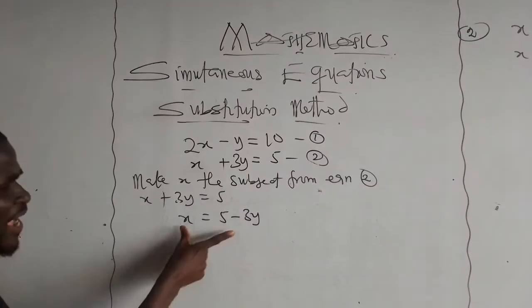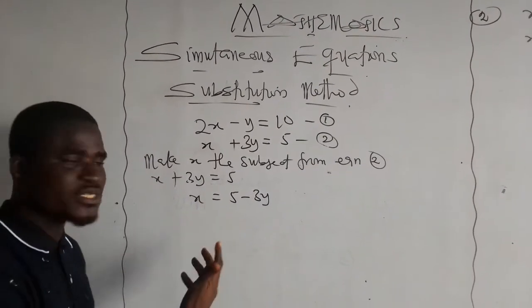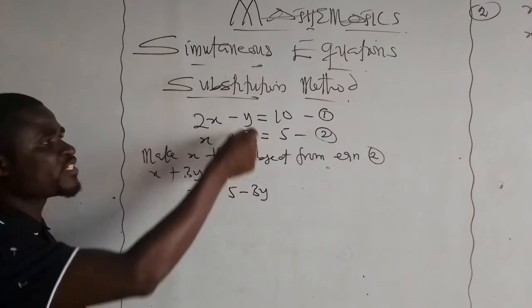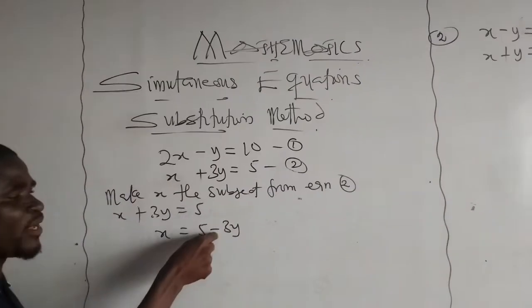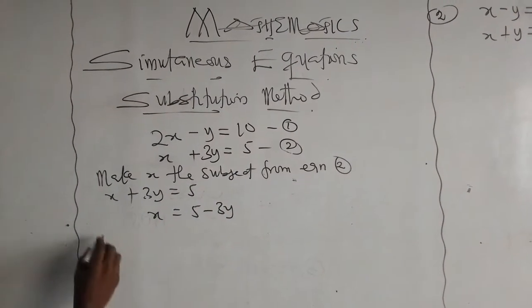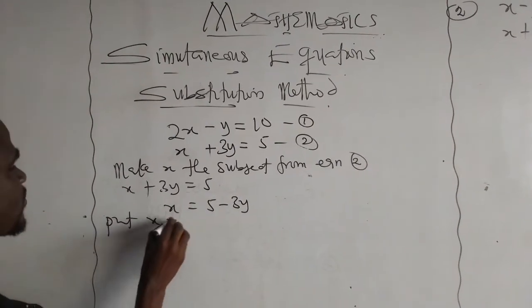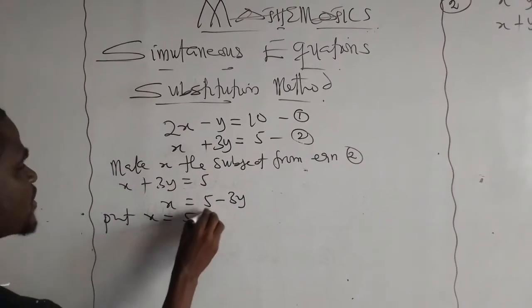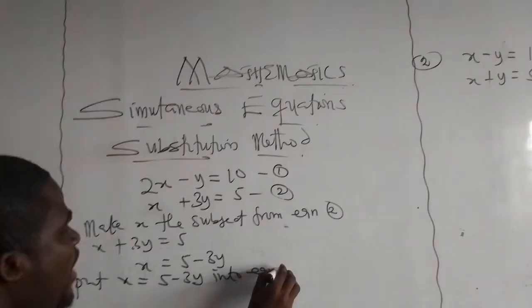Good. Now I know my x, so I have to substitute x into equation 1. Put x equals 5 minus 3y into equation 1.